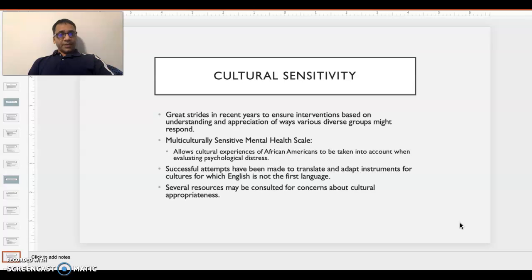There is this multicultural sensitivity mental health skills example that allows cultural experiences of African Americans to be taken into account when evaluating psychological stress. And successful attempts have been made to translate and adapt instruments for cultures for which English is not the first language. Several resources may be consulted for concerns about cultural appropriateness.